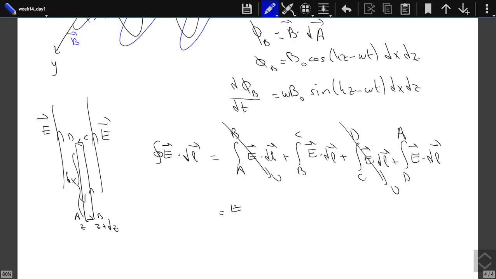So this is equal to the electric field evaluated at z plus dz, because that is the z coordinate of that line, times dx. Now, if you go from D to A, this is the direction of dl. This is still the direction of the electric field. So when you take their scalar product, you get a minus sign: minus E of z times dx.